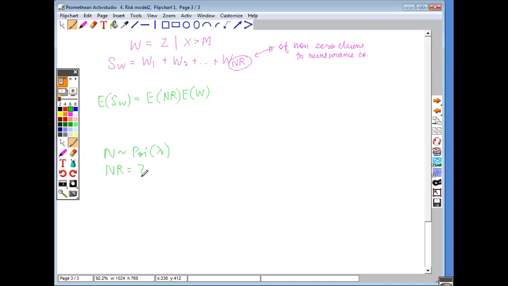So one way to do this is actually to use a dummy variable. You write that NR is nothing but I1 plus I2 up until IN, and you define your I's as taking a value of 1 if your X value exceeds the value of M and 0 if it does not.